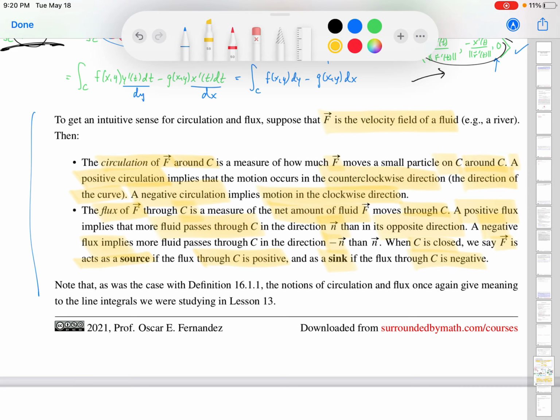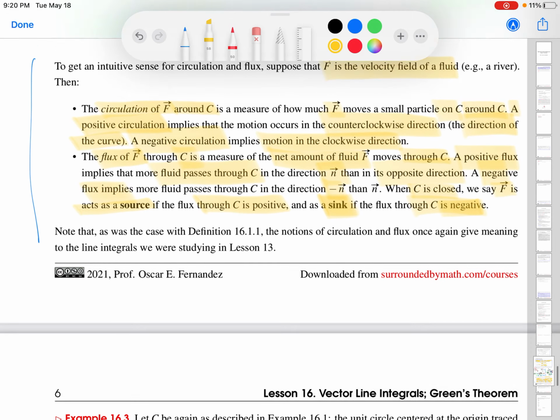A source is like things are emanating from somewhere inside your closed curve C, so there's stuff that's going to be penetrating the boundary. There's going to be a positive flux. A sink is where things are being sucked into the region that your curve is enclosing, so there's going to be a negative flux. There's going to be flow orthogonal to C.